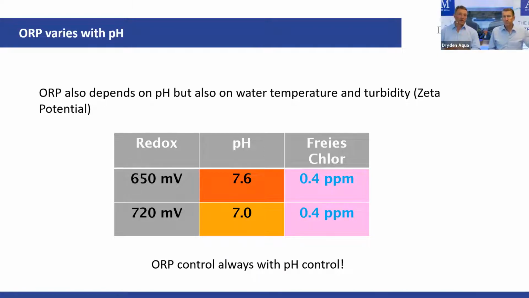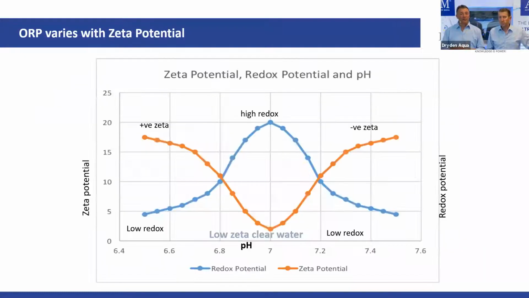We also mentioned water temperature and turbidity. Let's go first to turbidity. This shows us the correlation between pH, redox, and zeta potential. Remember, zeta potential is the charge between particles.